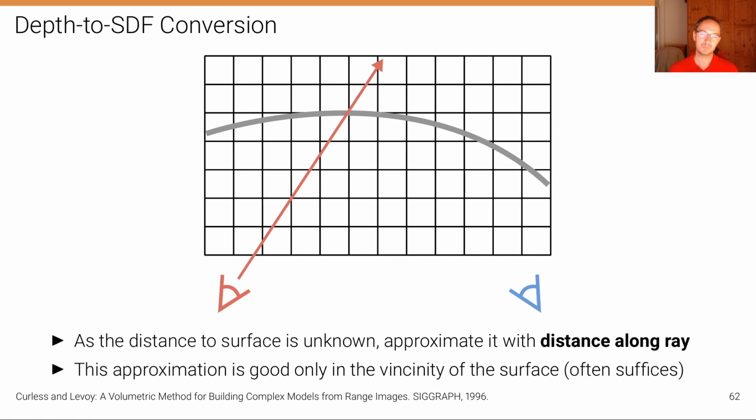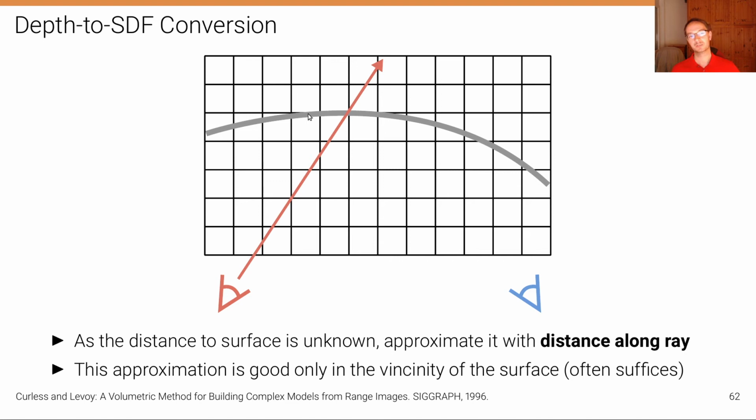Unfortunately, the problem is not as easy as I've illustrated it before, because the true distance to the surface is often unknown. What we often only know is the depth of the surface along a particular ray. So for example, for this surface here, we know that the surface intersects that ray here, but we don't know what is the closest point on the surface.